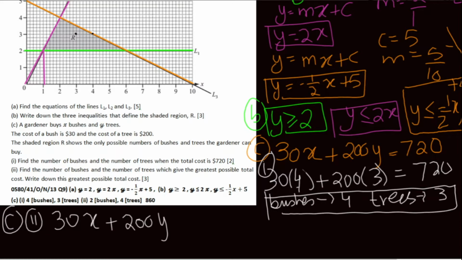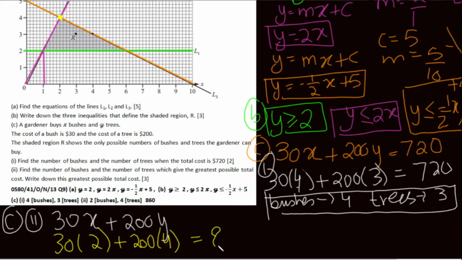So let me use a yellow marker. The biggest value on the y-axis is 4, and corresponding to that the value of the bushes is 2. So I'll choose 2 comma 4. Let me substitute this here: 30 times 2 plus 200 times 4 gives me 860.